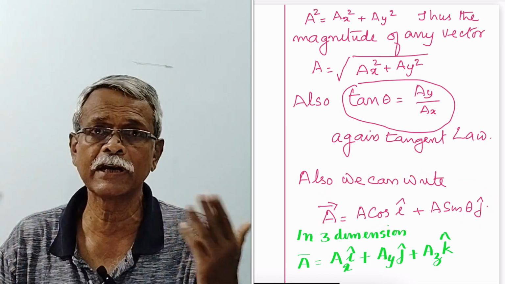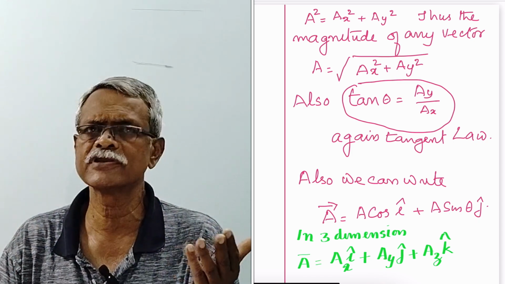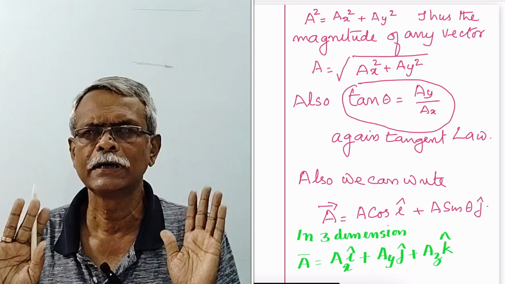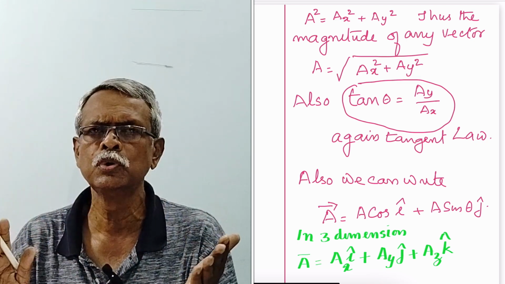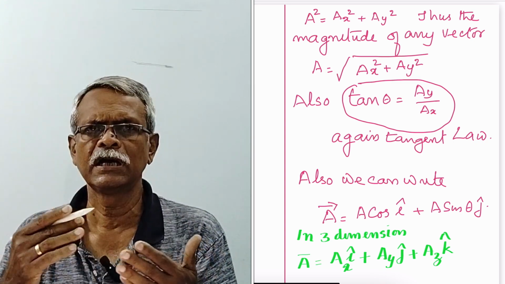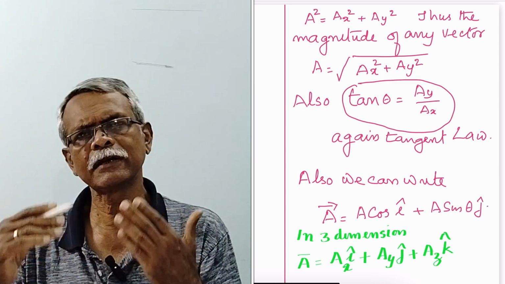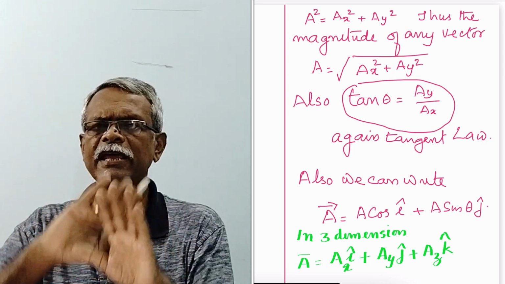We have to use other coordinate systems called spherical polar coordinate systems, etc. That is not dealt with here. We need only 2 dimensions. In our applications to plane motion, which we are going to see in the continuation of this, we need only vectors lying in a plane.